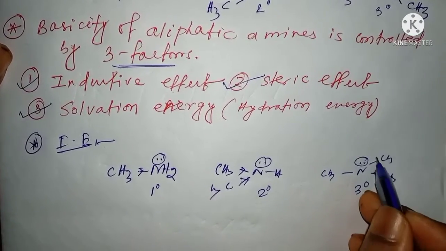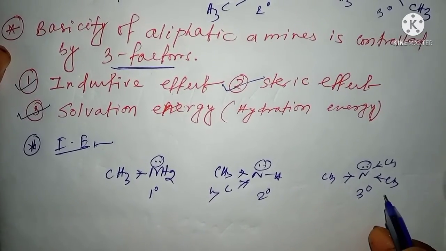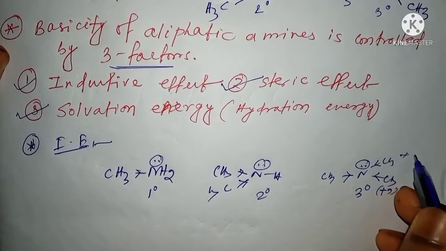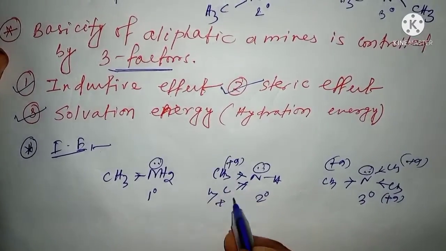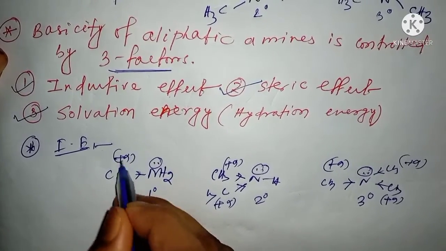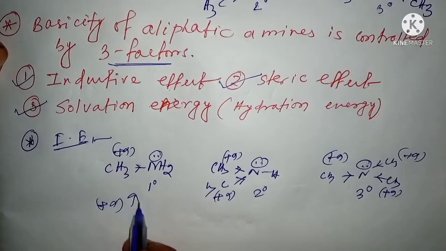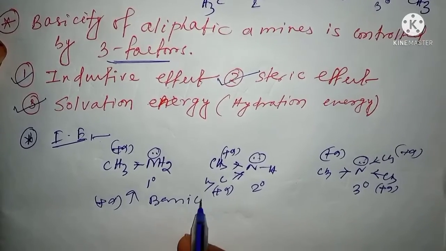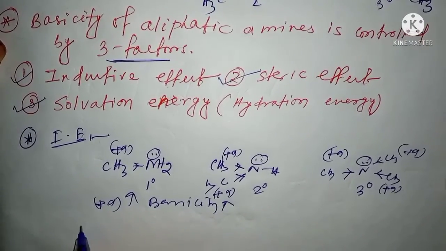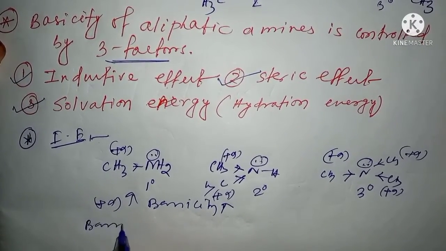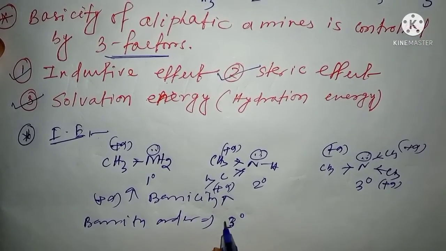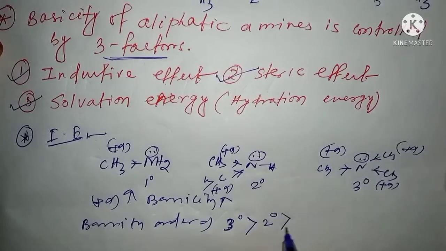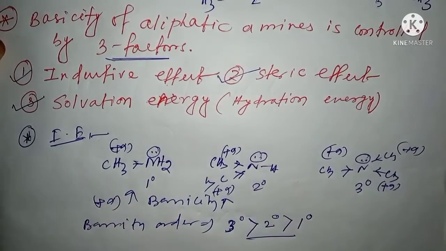So there are 3 plus I effects, 2 plus I effects, and 1 plus I effect. So as plus I effect increases, basicity increases. So the basicity order is 3 degree amine greater than 2 degree amine greater than 1 degree amine in the case of inductive effect.